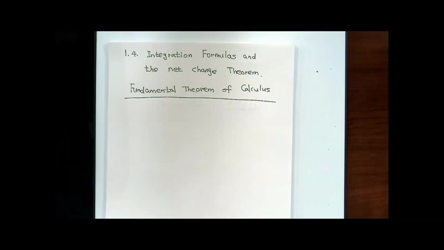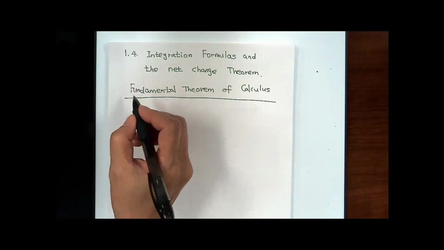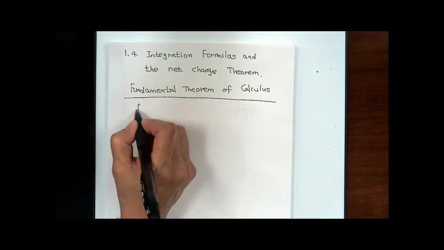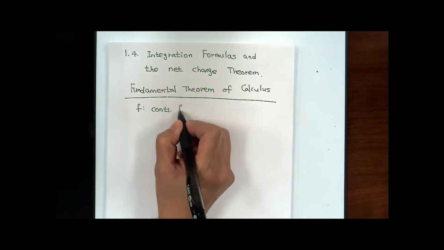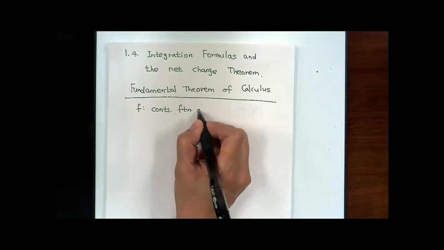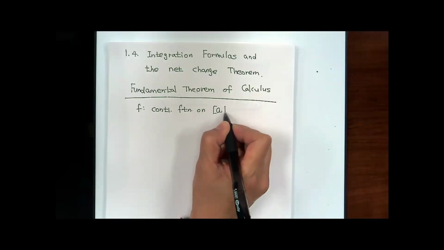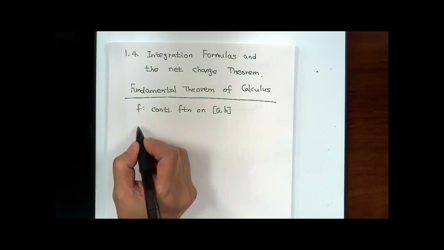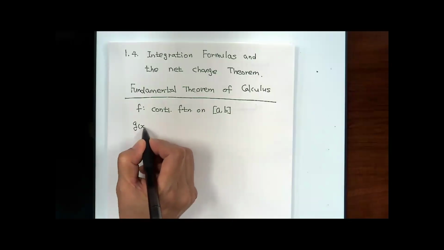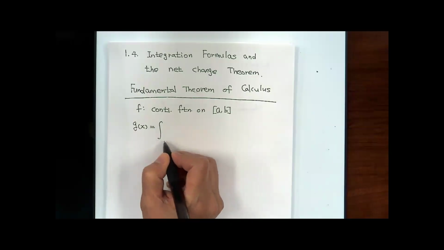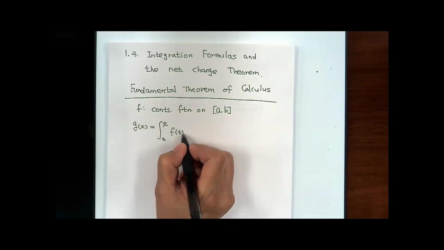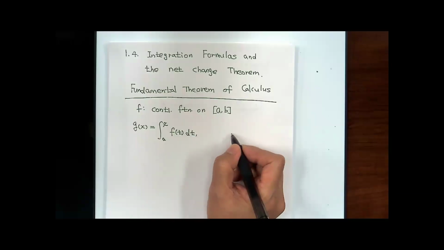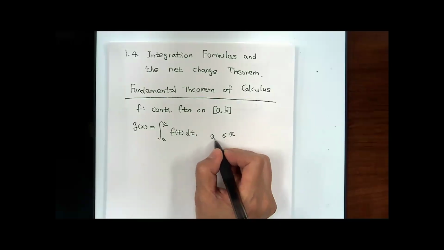The fundamental theorem of calculus says integration is a reversing operation of differentiation. Let's suppose that we have a continuous function f on the closed interval a to b, and g of x is defined by the function f of t by integrating and changing the upper bound of the integration.